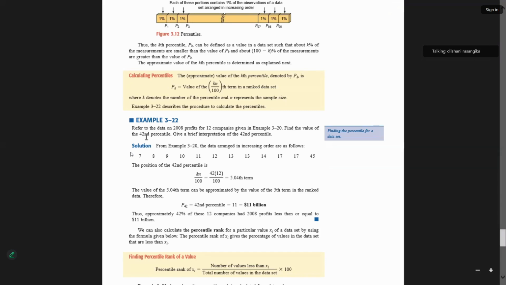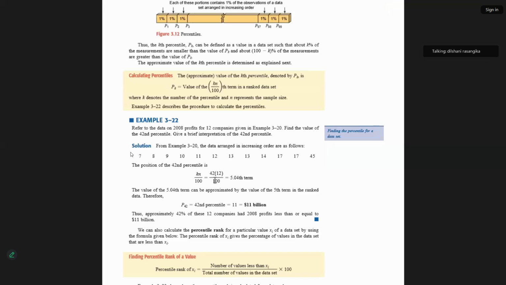What is the value of the percentile? 42. So how many data are there? 12. So you can calculate it as 42 times 12 divided by 100.